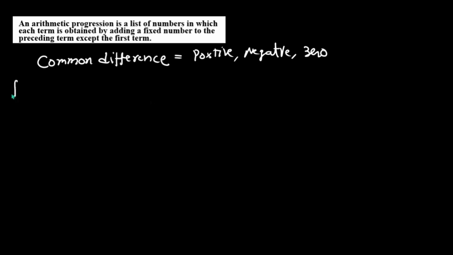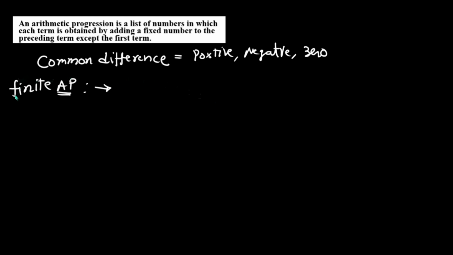What is a finite arithmetic progression? I'm writing AP, which represents the arithmetic progression. If it has an end number, that's called an arithmetic progression with finite numbers.